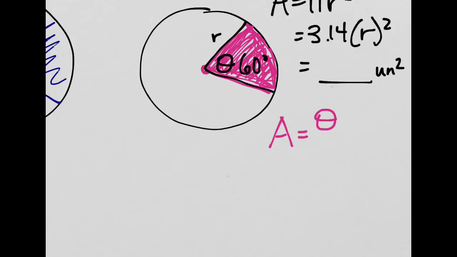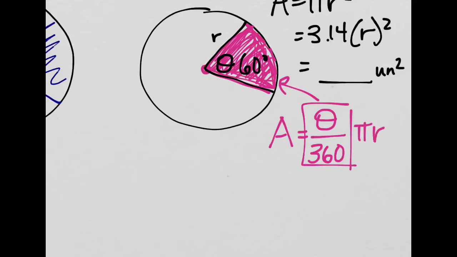Okay, let's go back to here. Theta divided by 360 is out of 360. This section is my sector. And in order to find the area, I still have to multiply by pi r squared. Forgot the pi there. Multiply by the area of the whole circle. It's some fraction of the whole circle. That's really what we're doing.